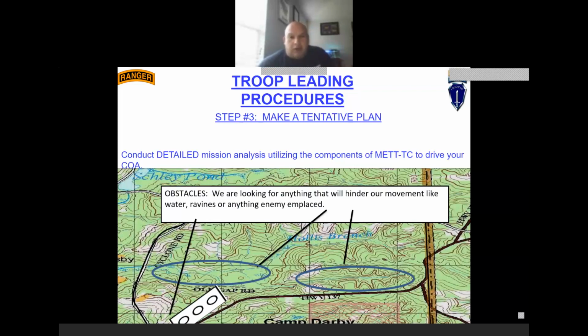Because you remember, we're using a COCA, right? Observation, field of fire. You're not going to be able to see well, right? You've got a main avenue of approach right when you get out of that swamp. That's pretty close. You've got a trail that goes along that swamp as you look at it.